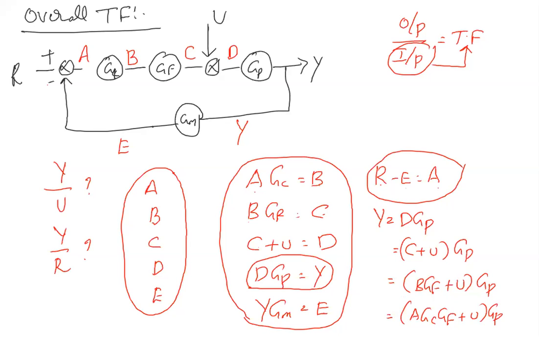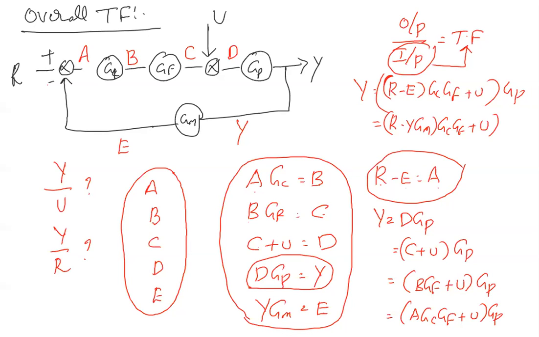A is nothing but R minus E. So I am writing here Y is equal to R minus E into GC GF plus U into GP. What is E here? Y GM. So R minus Y GM into GC GF plus U into GP, which is Y. So this is the overall equation.